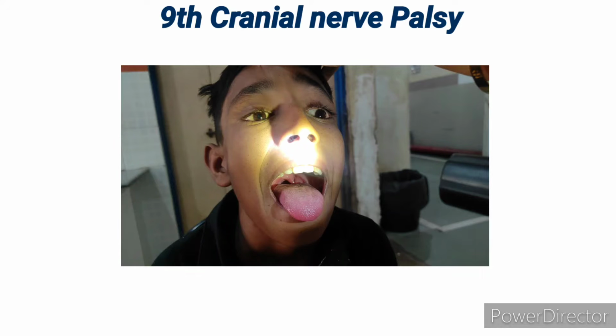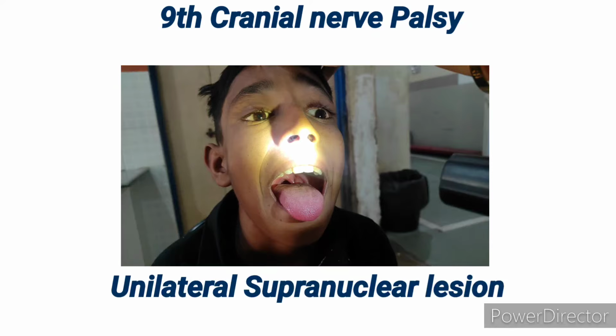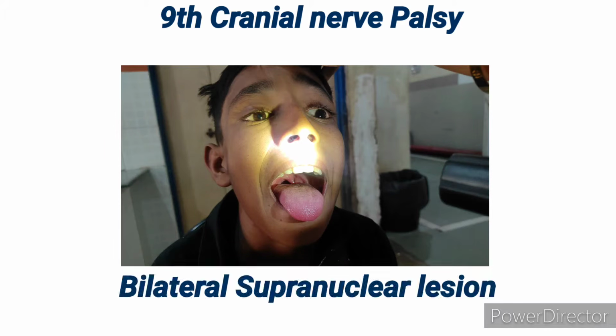Now if ninth cranial nerve palsy is there, if the child has a unilateral supranuclear lesion, then there will be no deficit because of the bilateral corticobulbar innervation. If the child has a bilateral supranuclear lesion, then a hyperactive gag reflex will be there, as seen in pseudobulbar palsy or amyotrophic lateral sclerosis.